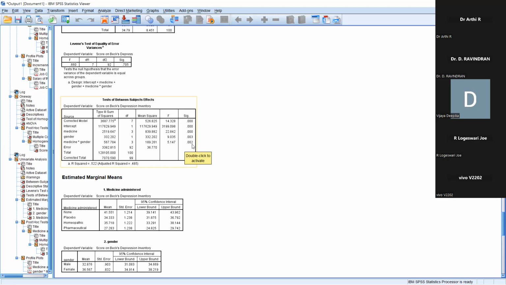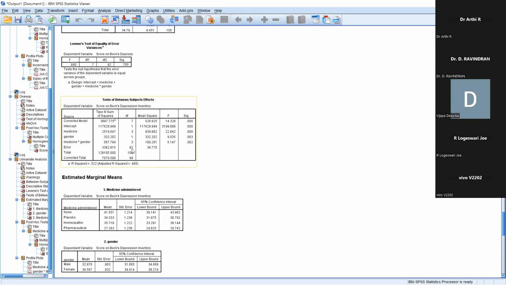So what all you should take for writing your interpretation: your F value, your significant value, and your degrees of freedom value. For the degrees of freedom, you should take that particular degree of freedom, comma, the degree of freedom of error, that is 92. So like that you should write. I will tell you for one how to write.